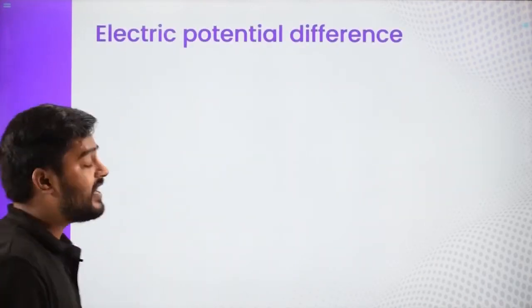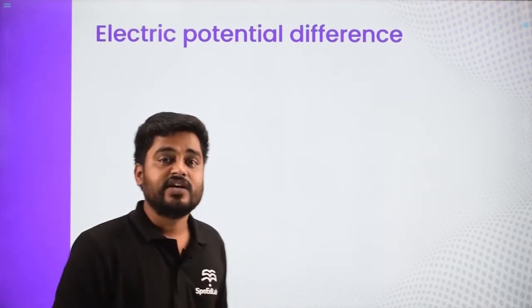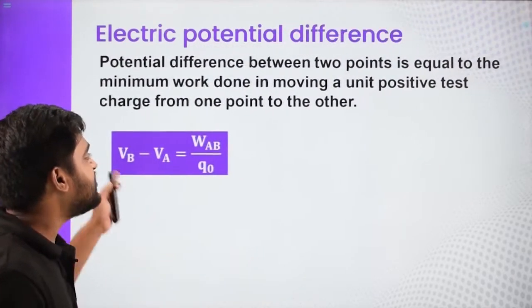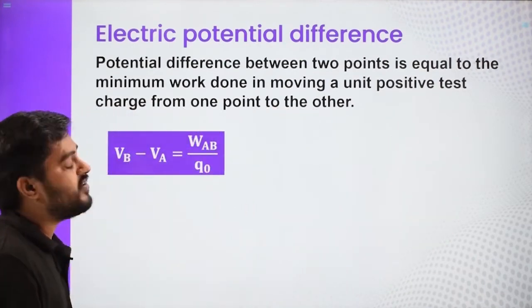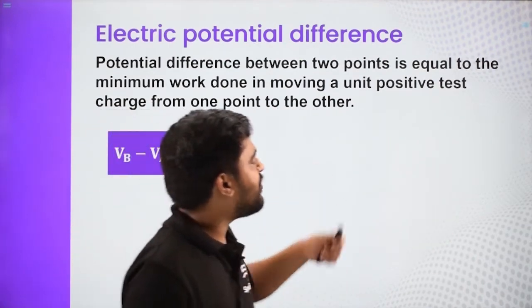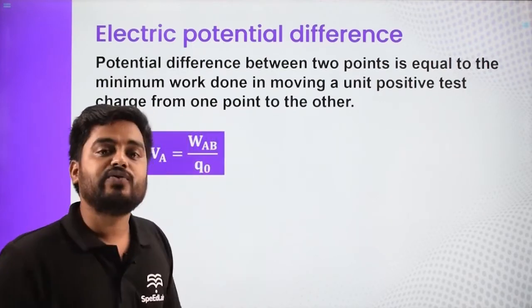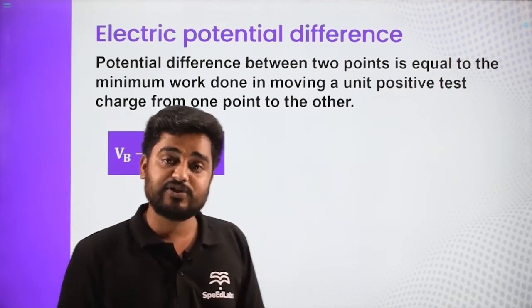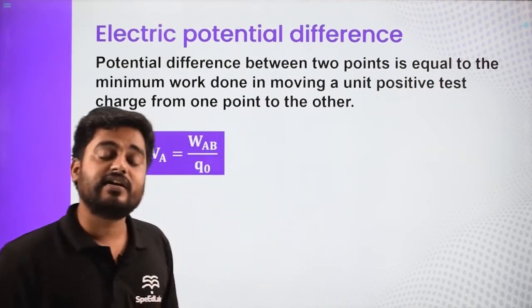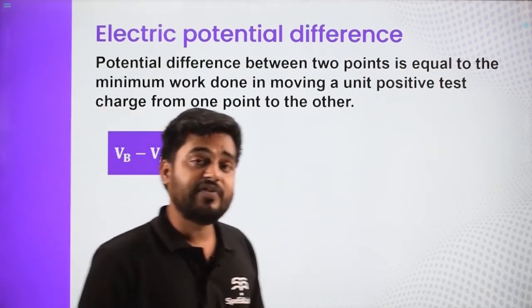Now next is potential difference. So what is potential difference? Potential difference between 2 points is equal to the minimum work done in moving a unit positive test charge from one point to the other. Previously we defined absolute potential, and for that we needed a reference point, which was infinity.